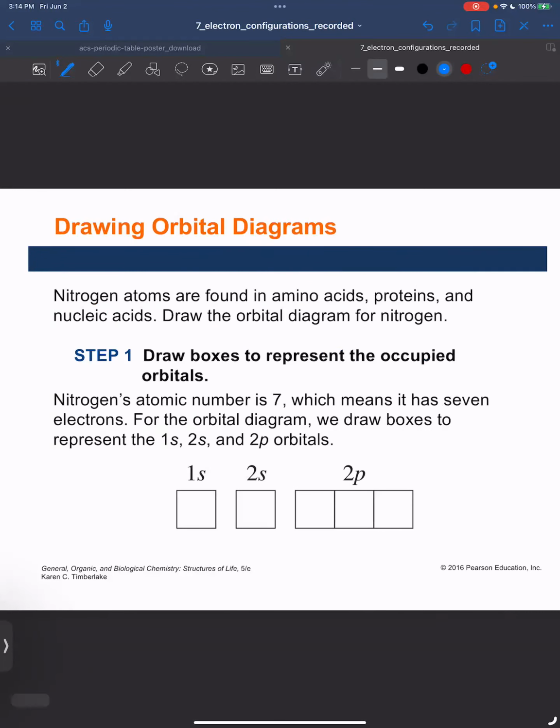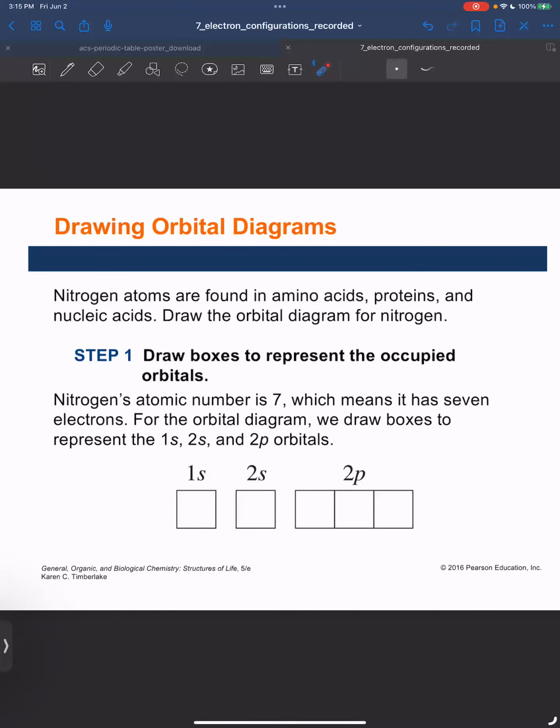So let's practice. Nitrogen atoms are found in amino acids, proteins, and nucleic acids, a very common element in the body. Let's practice drawing the orbital diagram for nitrogen together. So once again, for the orbital box diagram, we draw the boxes first, and notice how the order is always the same. Start with 1s, then 2s, and then 2p.